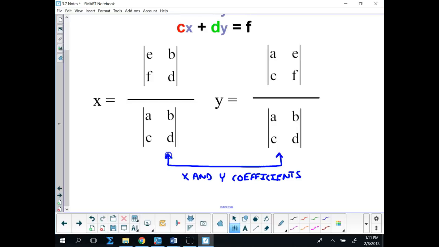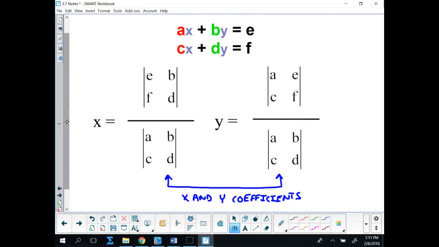Then, if I am solving for x, I am going to replace the x coefficients with my numbers. If I'm solving for y, I'm going to replace my y coefficients.